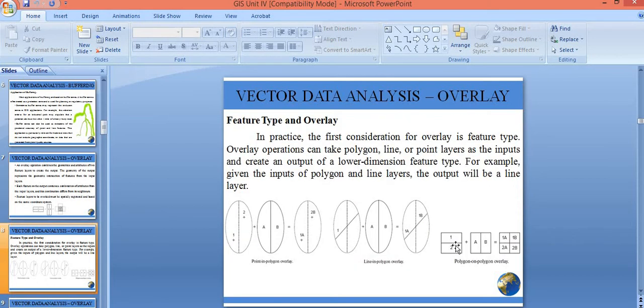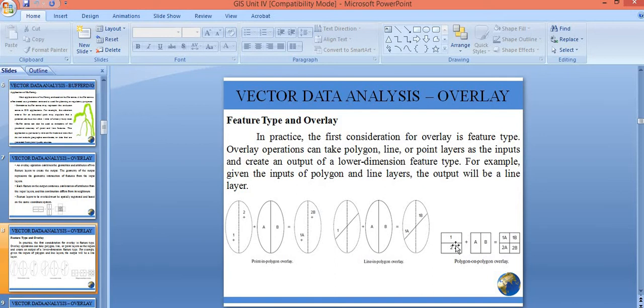And this point you should be very clear. Whenever you perform overlay operation in one layer, if you have a point, and in another layer if you have a polygon, then in the resultant overlay operation you will be having only points. I will make it clear.